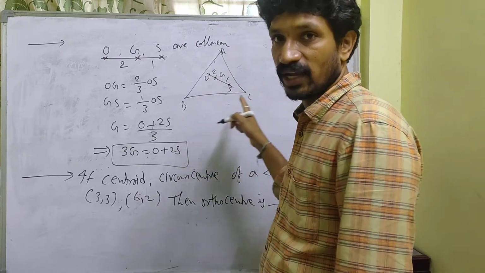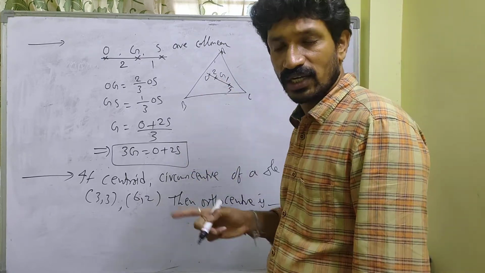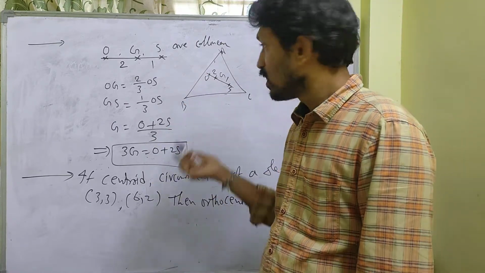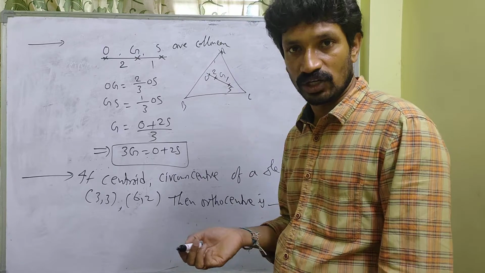If it is a triangle, orthocenter, circumcenter and centroid are collinear, and centroid divides OS in the ratio 2:1.